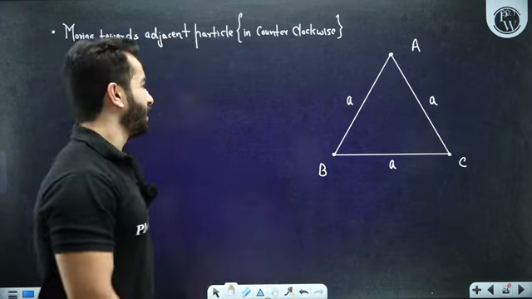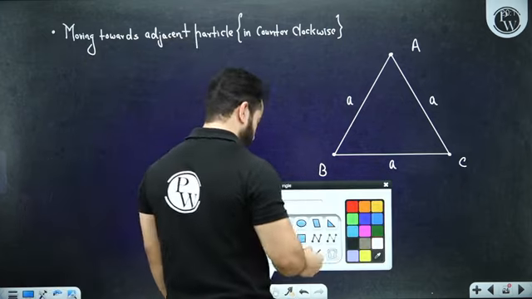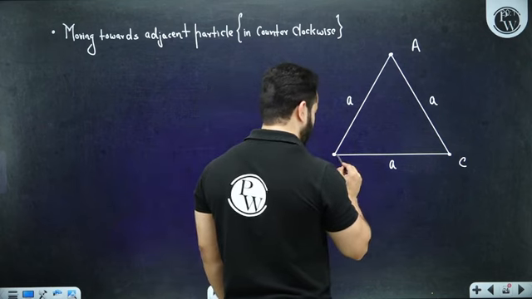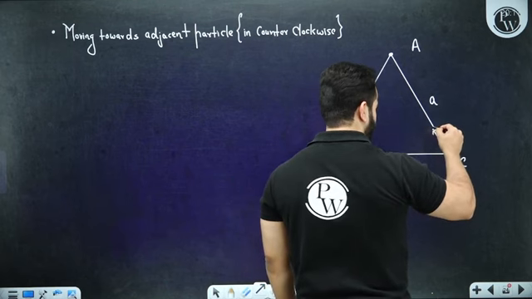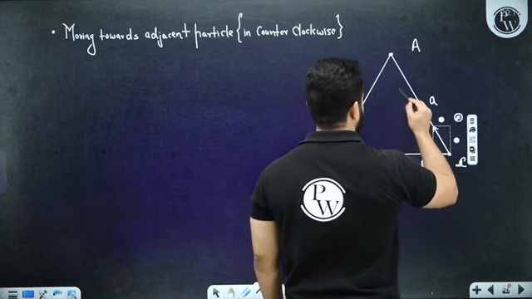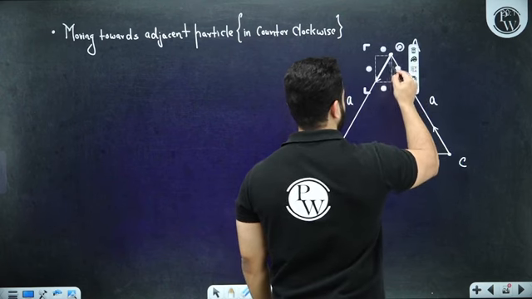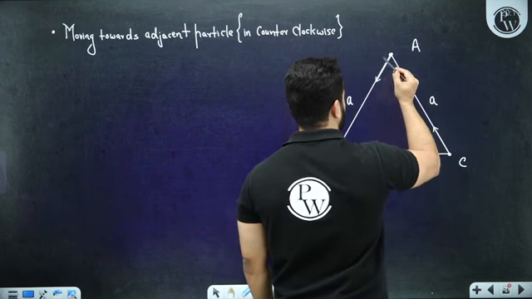What do you mean by this? I'll explain it. With initial velocity, let's say u. So B is moving towards C, C is moving towards A, and A is moving towards B. That's what the counterclockwise would mean.